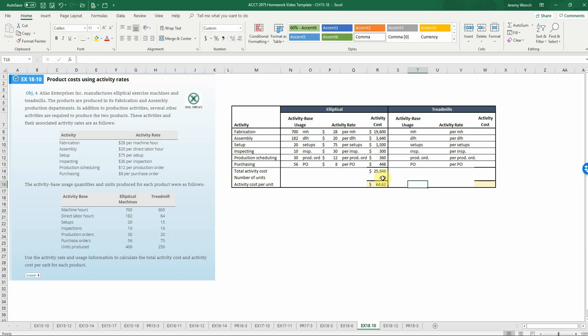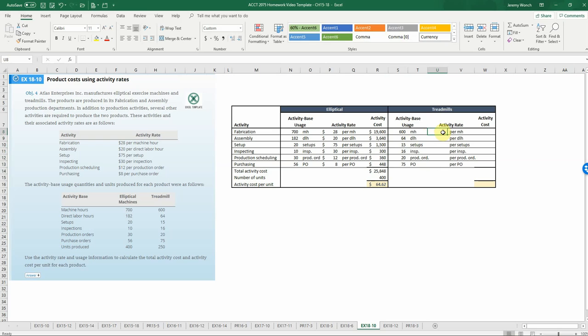We just do the exact same thing with the treadmills. The treadmills have a different amount of usage. We've got 600 machine hours, 64 direct labor hours, 15 setups, 16 inspections, 20 production orders, and 75 purchase orders.